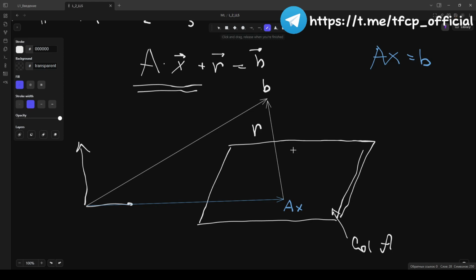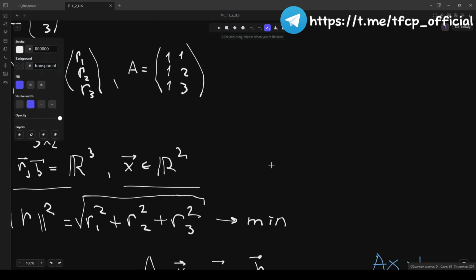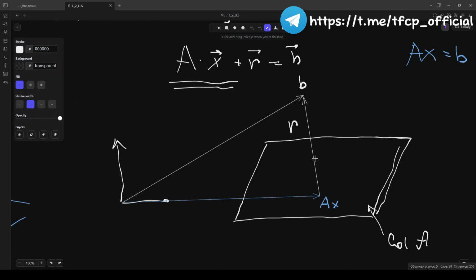So, what is the idea? The idea is that we essentially need to find this solution to the approximate system. That is, we need to find the vector x in such a way that this vector r, or rather its length, is minimized. So I just took some arbitrary vector x, ended up here, and this is the vector r.